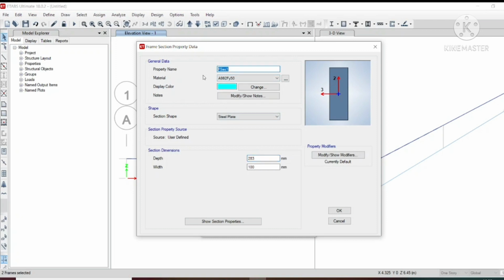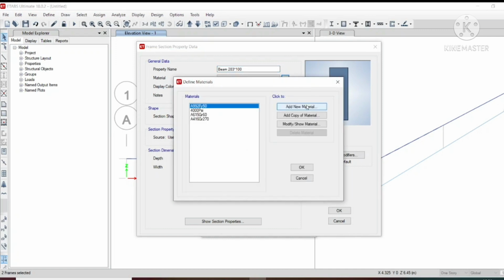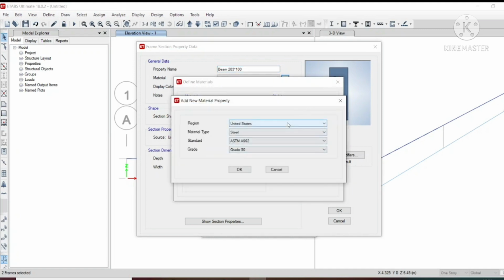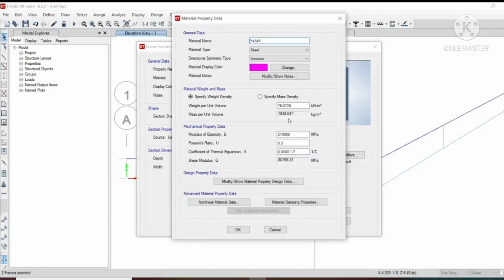Yes. Let us assign this property name. In this, the material name is given as Fe345.